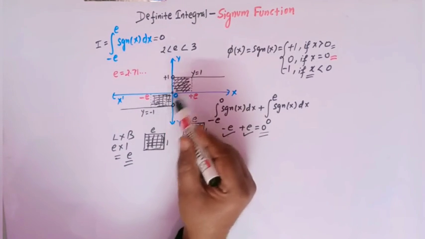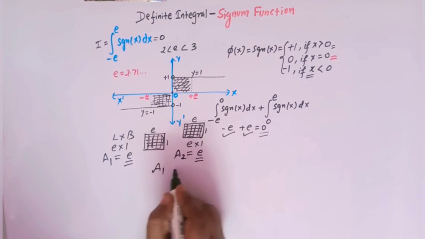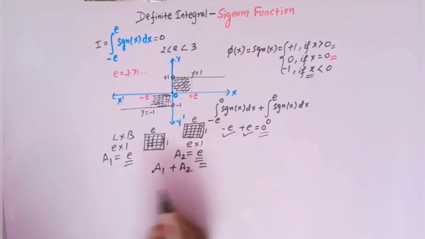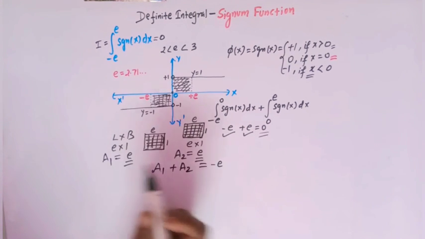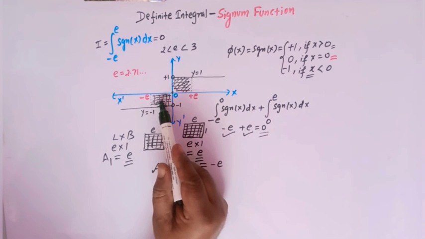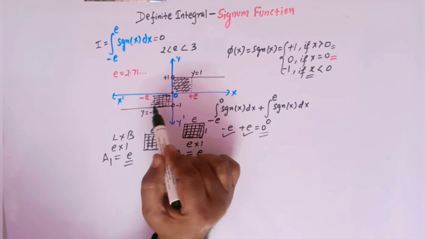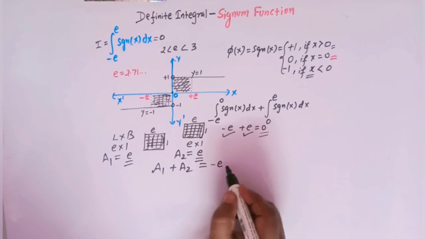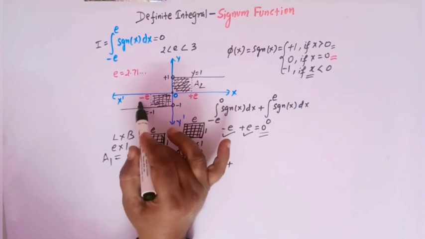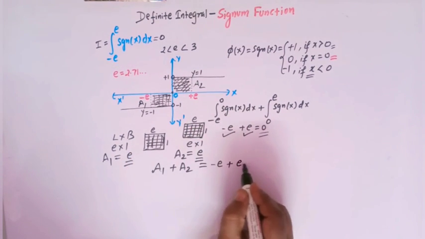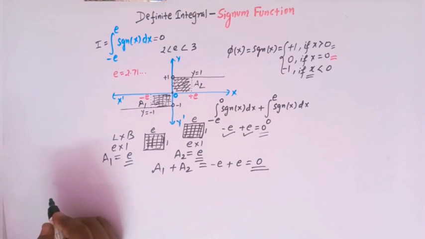When we add these two areas, A1 plus A2, A1 is actually minus e, since the numerical value is e but the rectangle lies below the x-axis, and A2 is e, so minus e plus e is equal to 0, right?